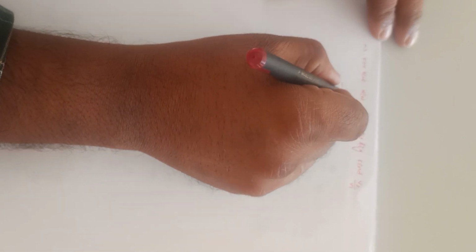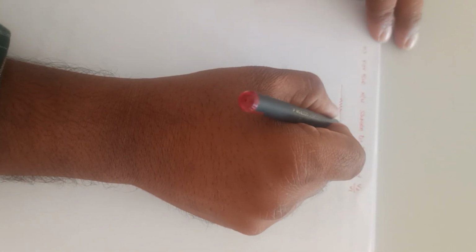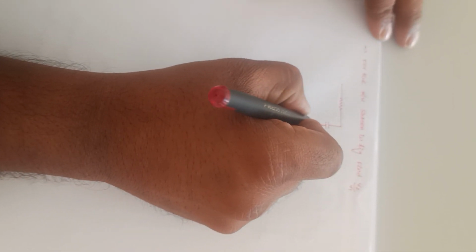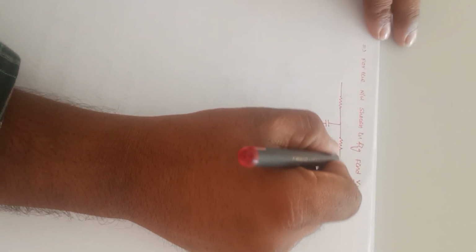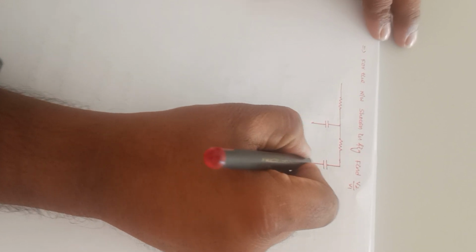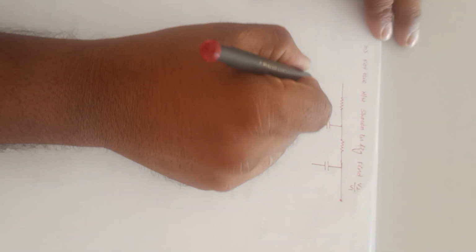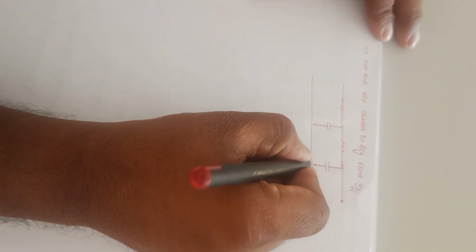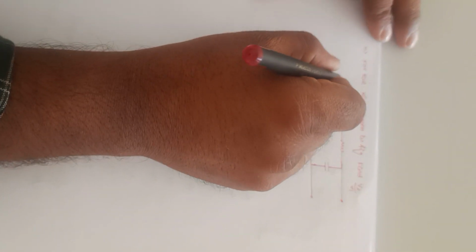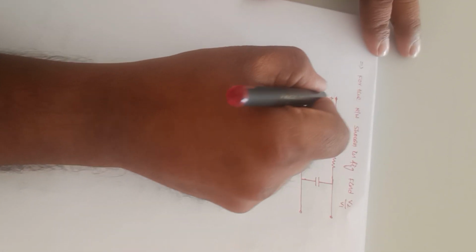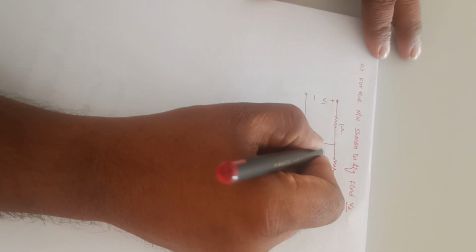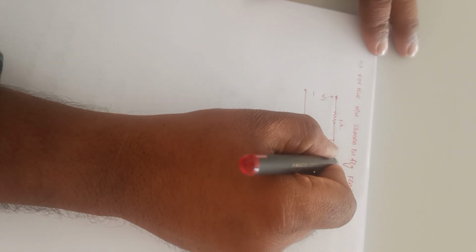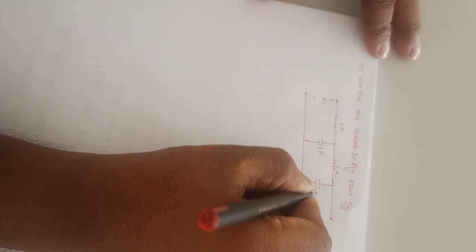In this network, this is a resistance, this is a capacitance, and this is another resistance, and this is a capacitance. So this is the network here, and it has plus and minus V1. It is 1 ohm, 1 farad, 1 ohm, 1 farad.